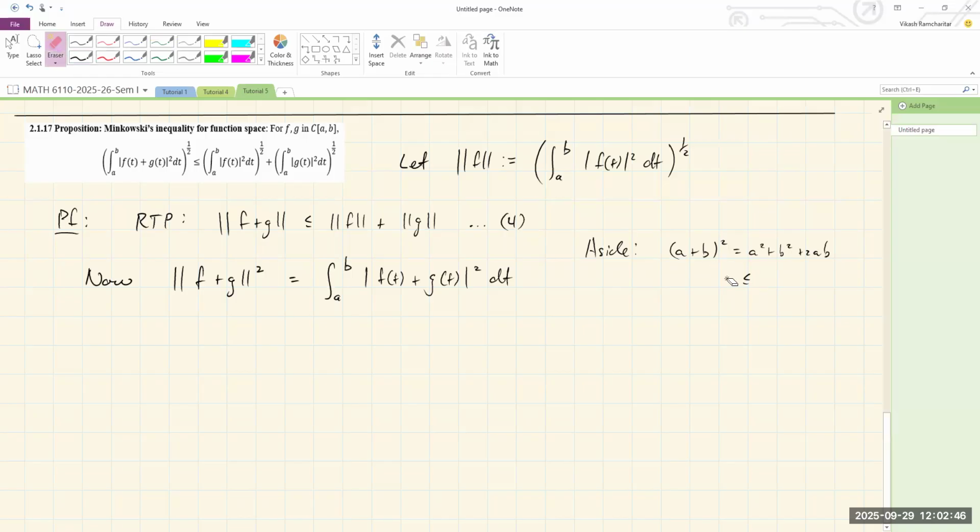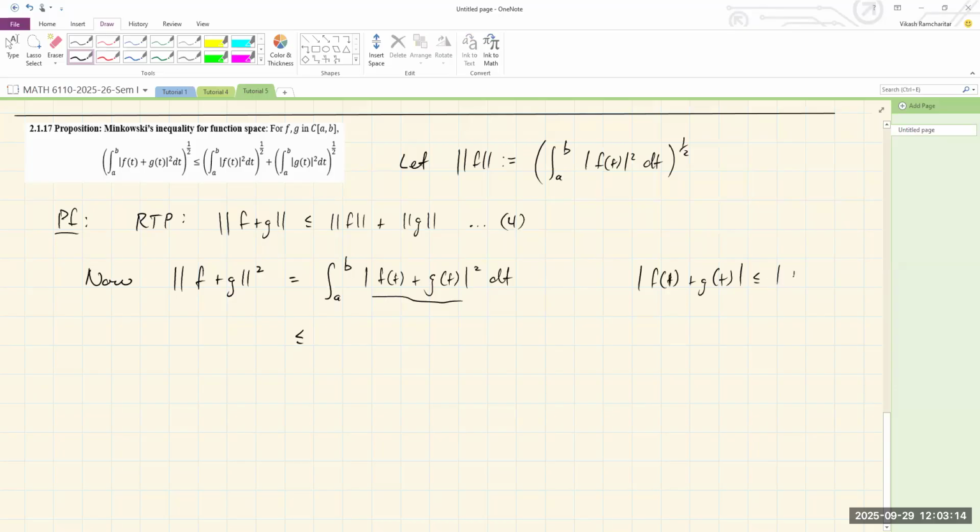Sorry about that, we actually don't need that. It's actually simpler than that. To break this up, I'm just going to use the triangle inequality for modulus. So this inner term, forget about the squared, the modulus of f of t plus g of t, it's actually much simpler than that.